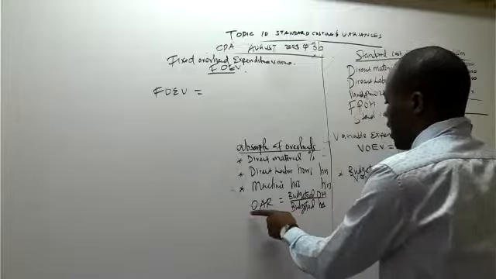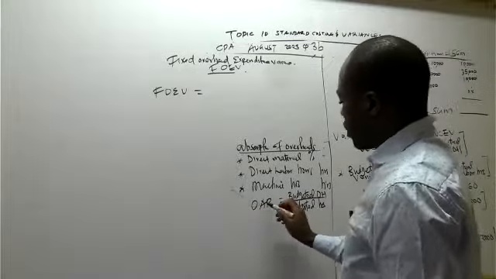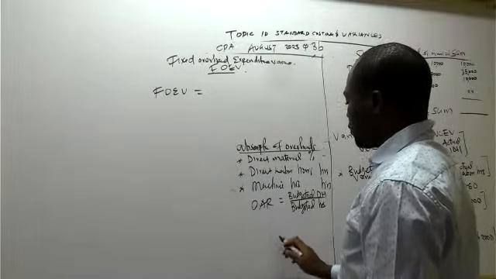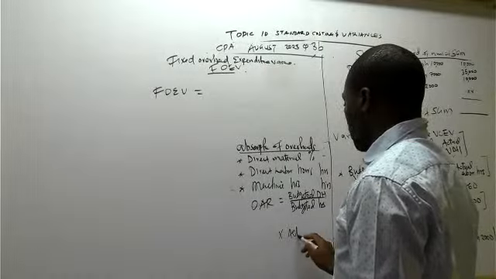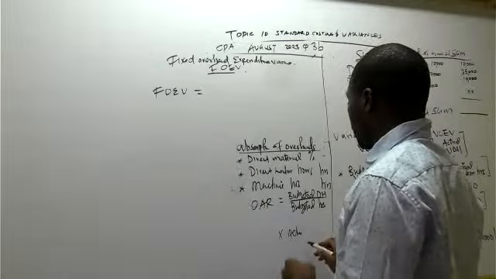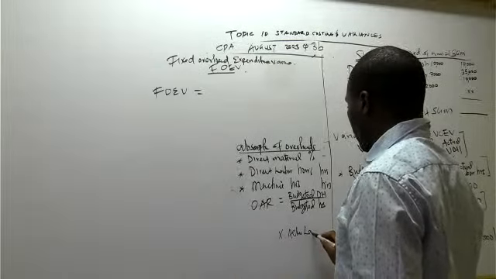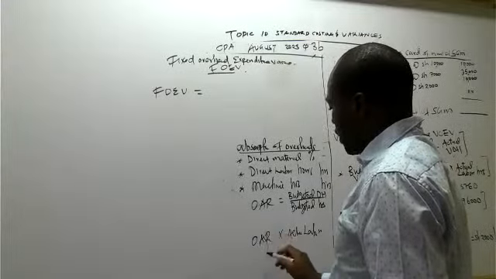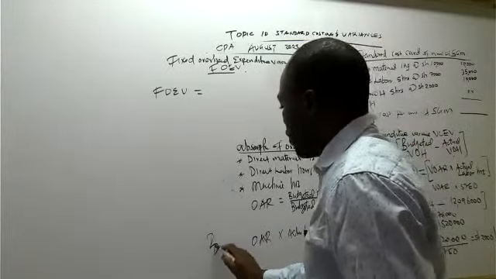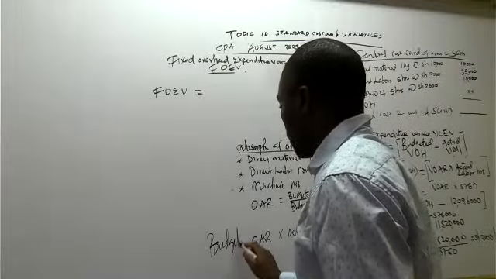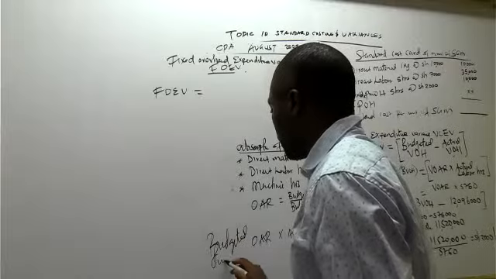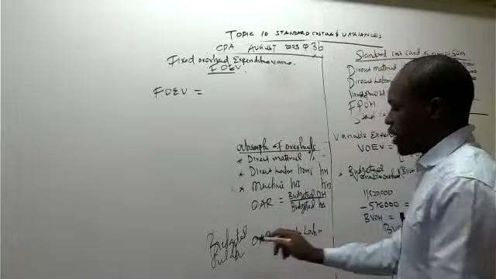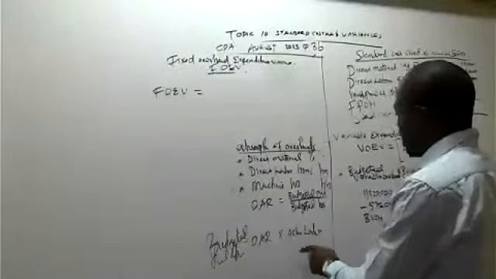After getting the overhead absorption rate, we multiply by the actual activity level, which happen to be actual labor hours. Budgeted overheads absorbed is equal to overhead absorption rate times actual labor hours.